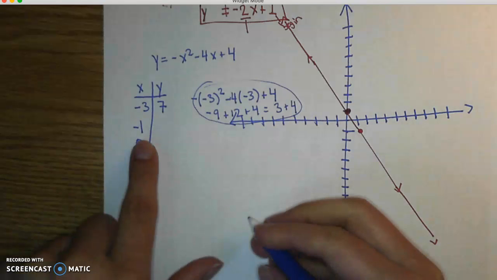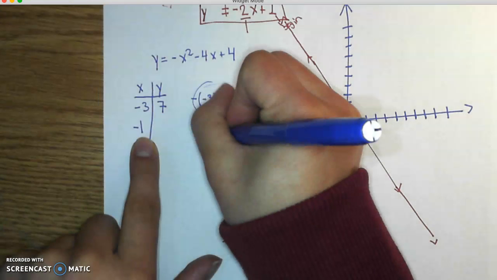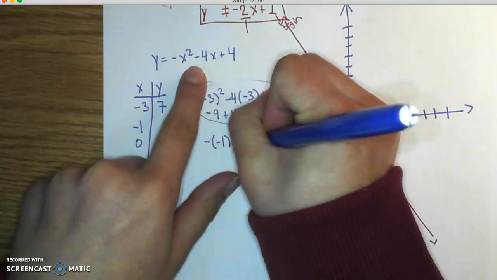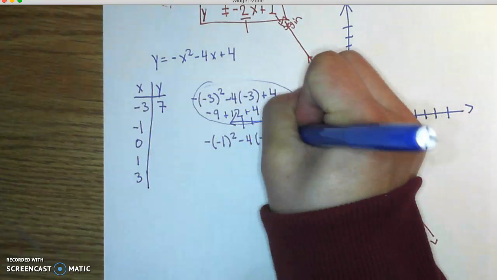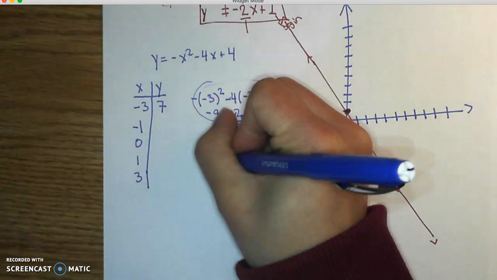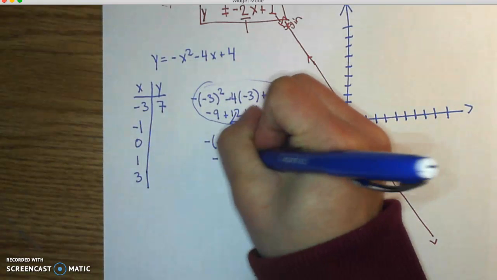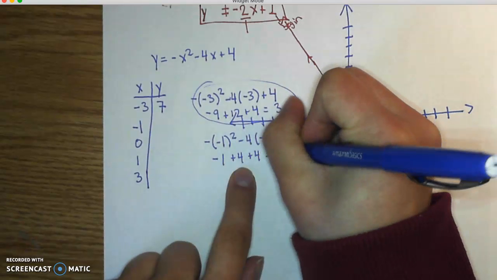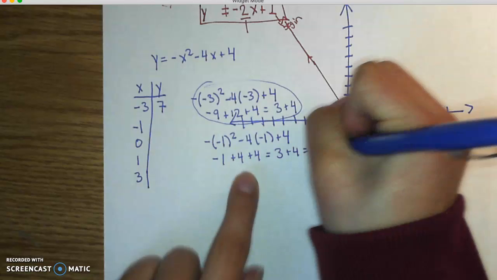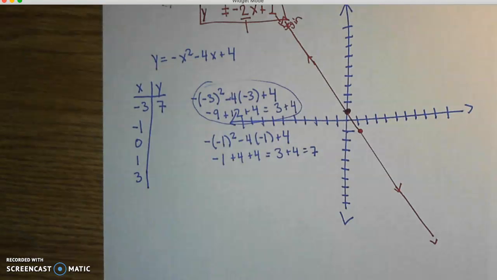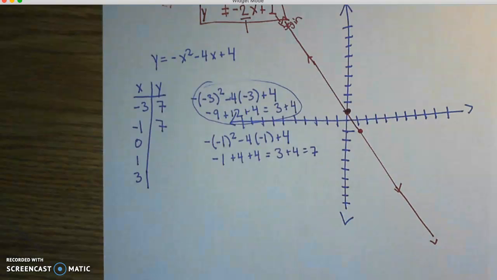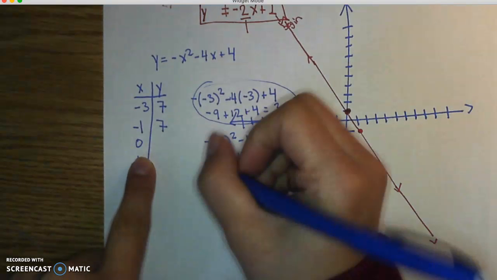Let's try the next one, -1. Negative, because it's negative, -1 squared minus 4 times -1 plus 4. All right, this is -1 plus 4 plus 4, which is 3 plus 4, which is 7. Interesting. Let's try the next one. 0.